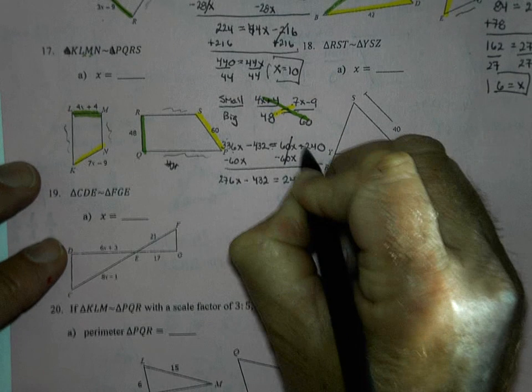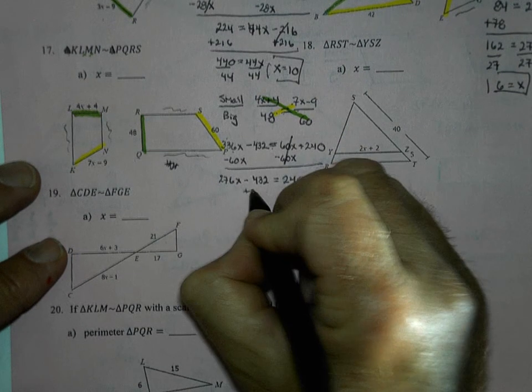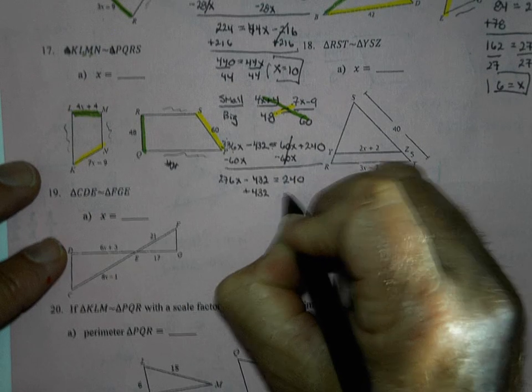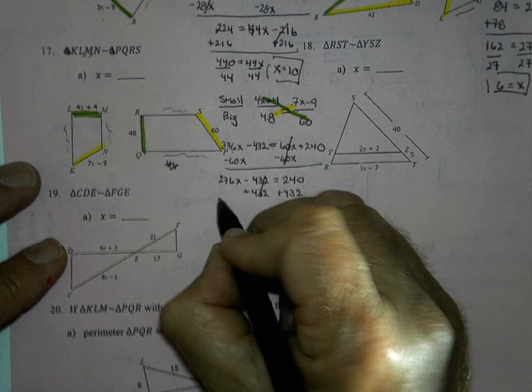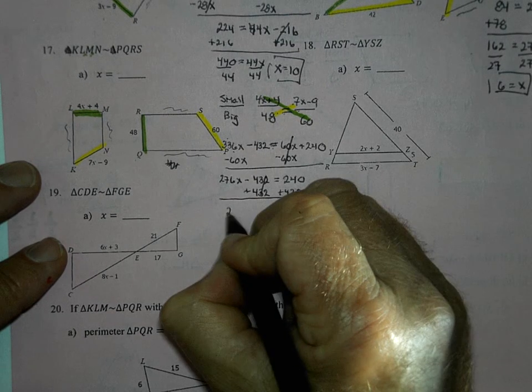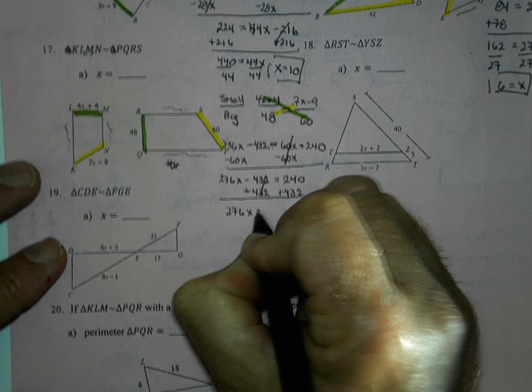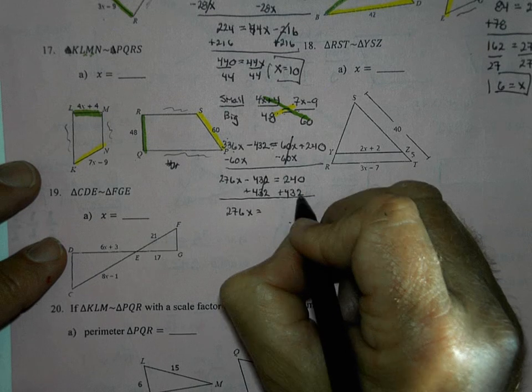Now let's add 432 to both sides of the equation to cancel out these 432's. That gives me a new equation of 276x is equal to 672.